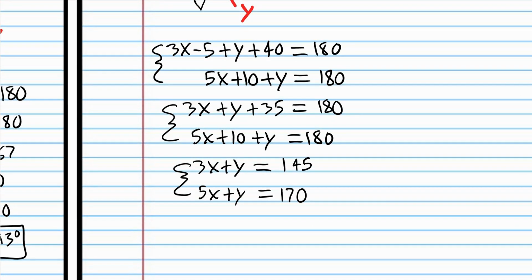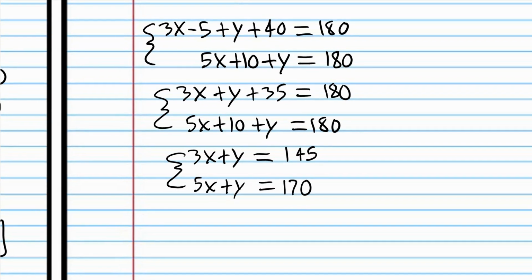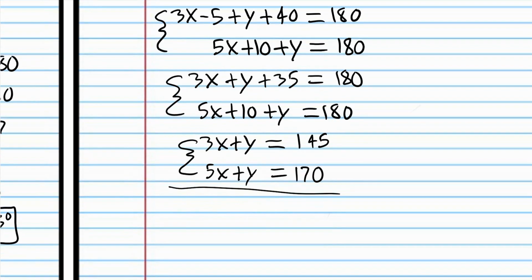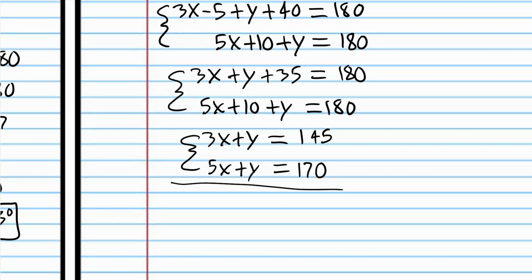The best way to do this is with the elimination method. We learned the substitution method and the elimination method. This is going to be really easy because we can just write a line here, and because the coefficient on these two y's is 1, we can just subtract this equation from this equation, and those y's are going to cancel out. So 3x minus 5x is -2x.